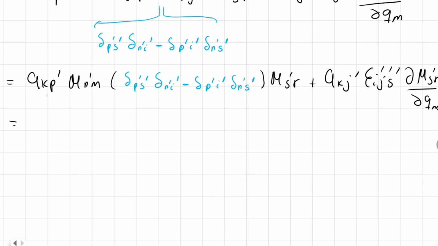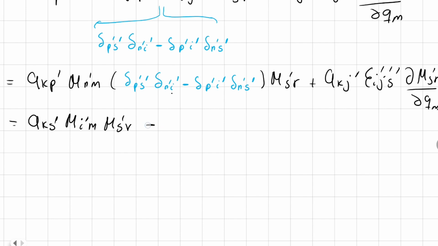Well, this P of the A is going to be switched for an S. Okay? So we have A K S prime. Then this N is going to be switched for an I. Okay, I think that is easy to observe. So we are going to get M I prime M M S prime R like this, and then minus here.